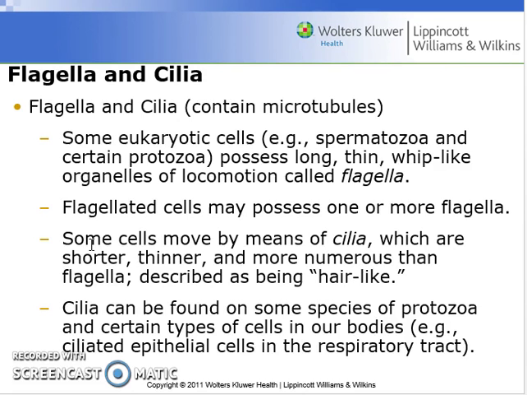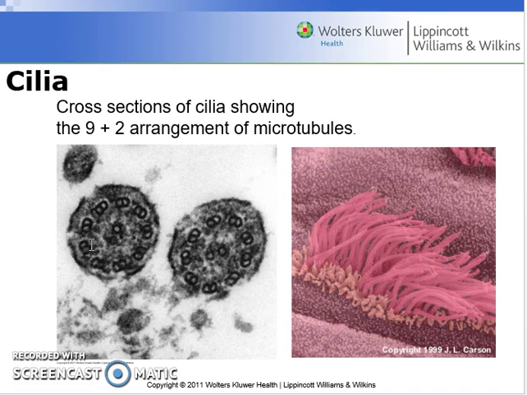So you can think of them as a kind of filtration device. But in microorganisms, we typically see cilia on protists. We can see them on things like paramecium, which are very interesting organisms if you've never seen them under the microscope. The cilia are used for motility purposes for most microorganisms.